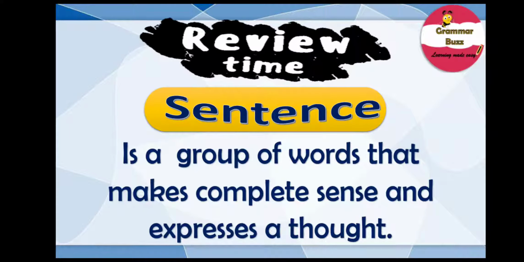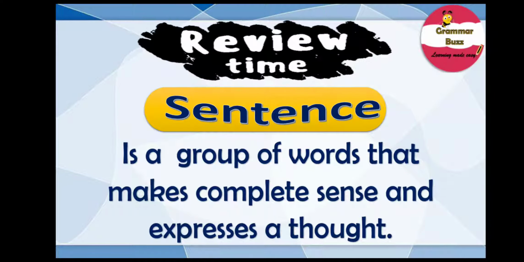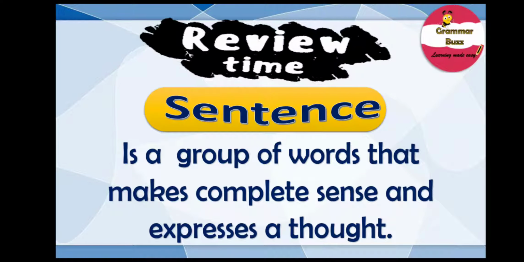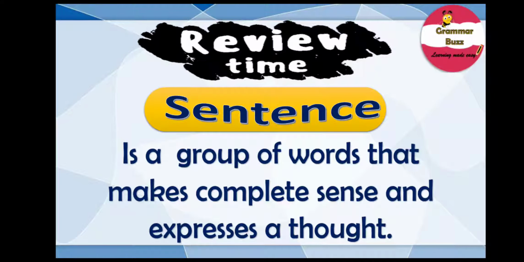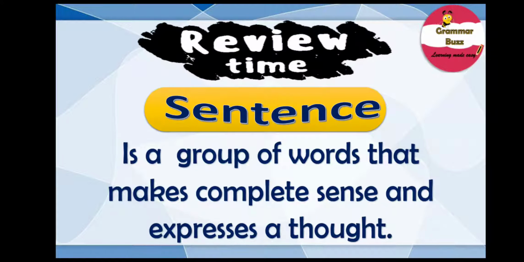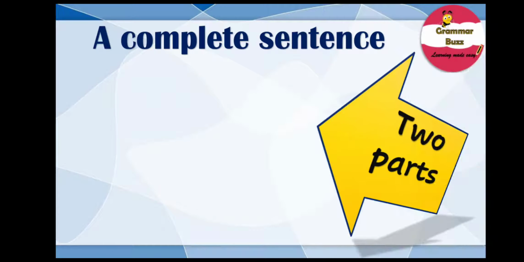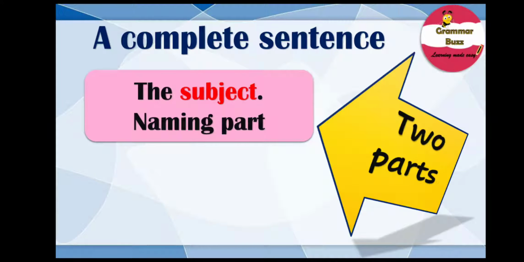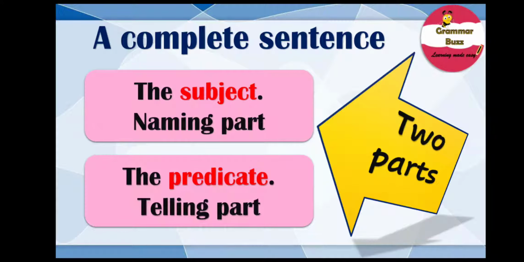Now that we have recapitulated what a sentence is, let us try and understand the different parts of a sentence. A complete sentence has two parts. The subject, which is the naming part of a sentence, and the predicate, which is the telling part of a sentence.